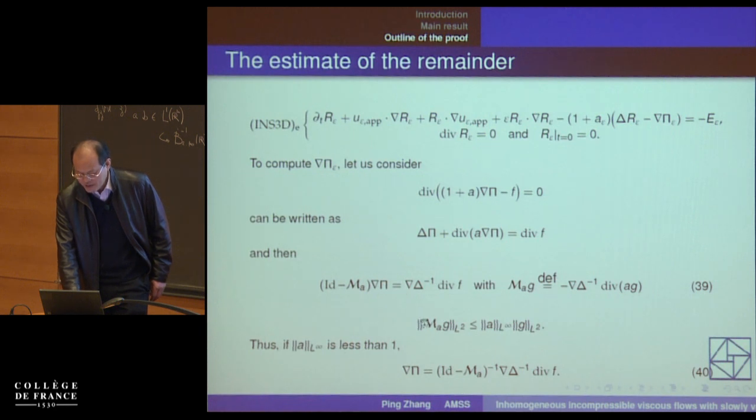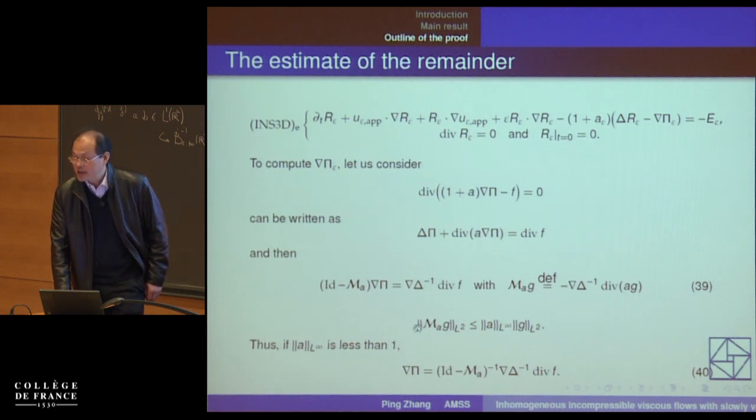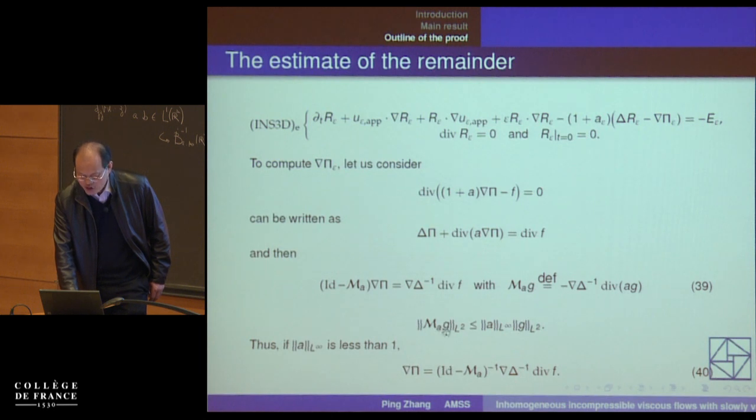By the famous Fourier-Plancherel inequality, this M_A of G L2 norm should be controlled by L infinity norm of A times G L2 norm.